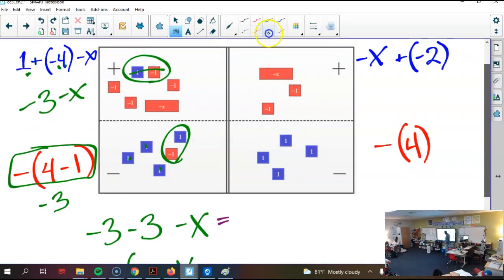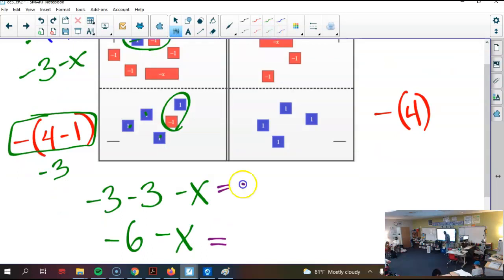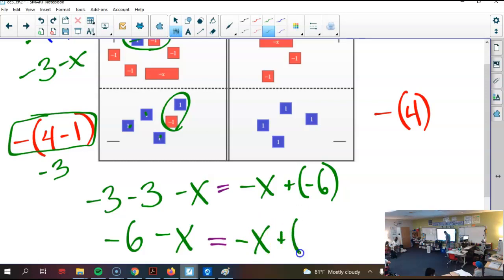Negative x equals negative 6. Be careful, negative x and negative 6, right? I like that a lot better. When x equals 6, then no. Yeah, because they're both negative.